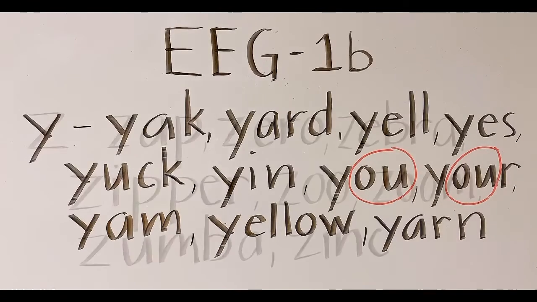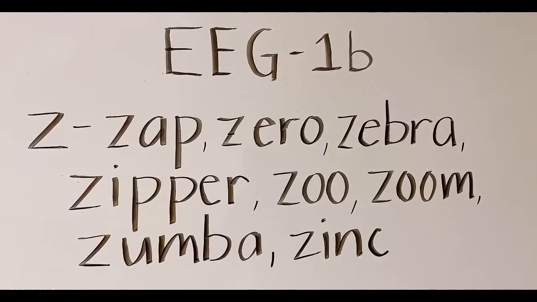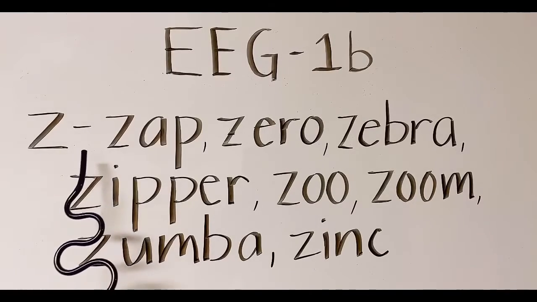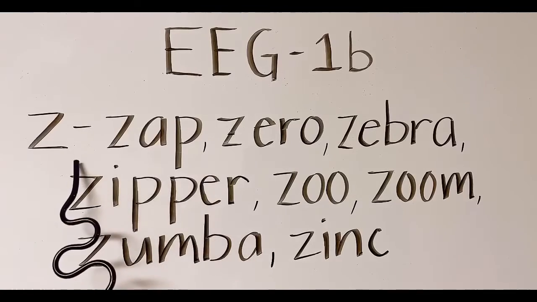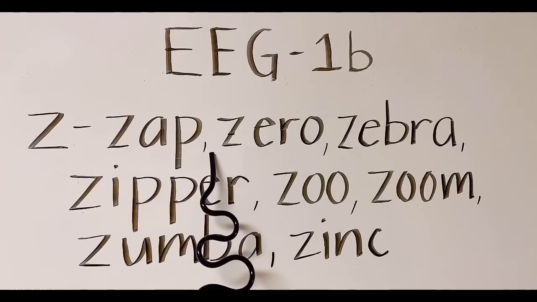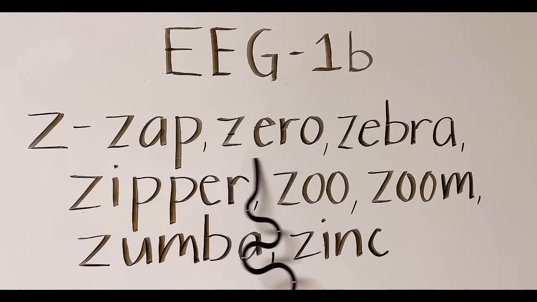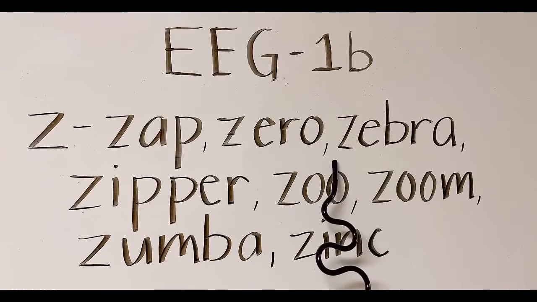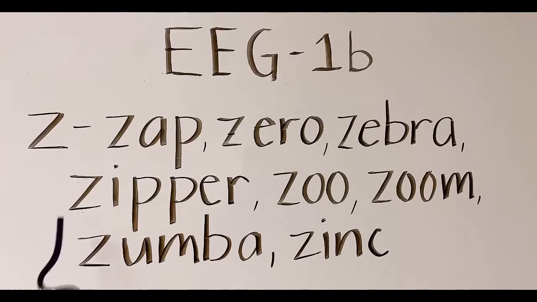Okay, good. And the last letter, letter Z. Let's read the words. Zap. Next, zero. Next one, zebra. Next, zipper.